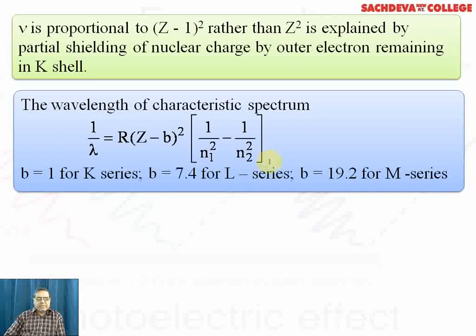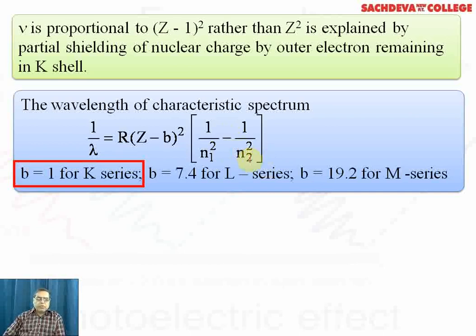Lambda is the wavelength given out, and 1 over lambda, the reciprocal of wavelength, is also known as the wave number, that is nu bar. R is the Rydberg constant, Z is the atomic number, B is the screening constant, and N1 and N2 are the principal quantum numbers, that is, the electron jumps from N2 to N1.